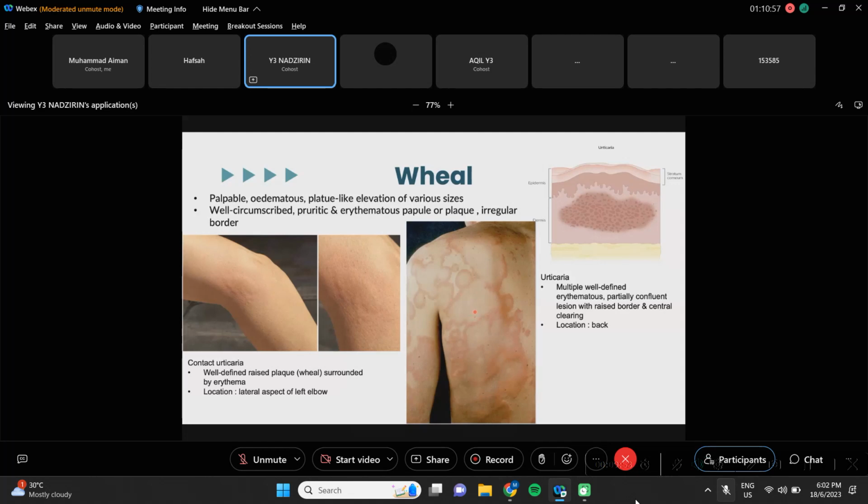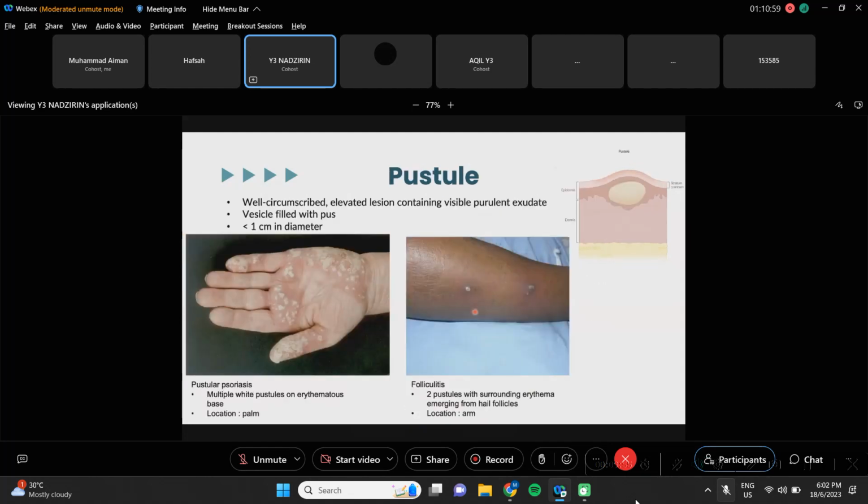And lastly, I think this is the pustule. Pustule is basically a vesicle filled with pus, so it must be less than 1 centimeter because it is a vesicle. In pustular psoriasis, we can see multiple white pustules on an erythematous base.